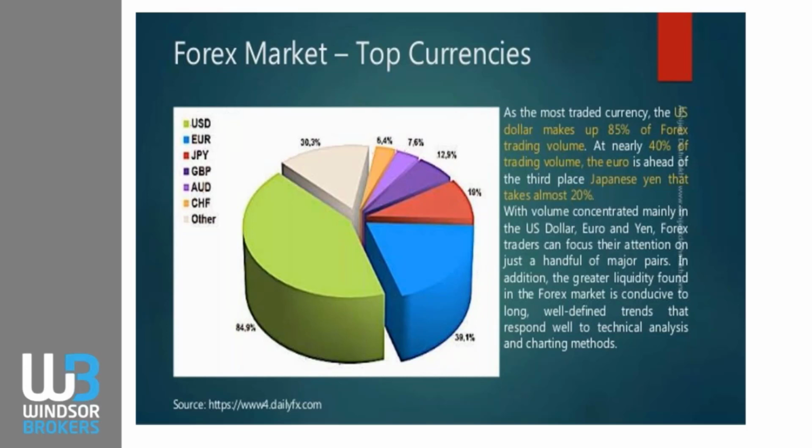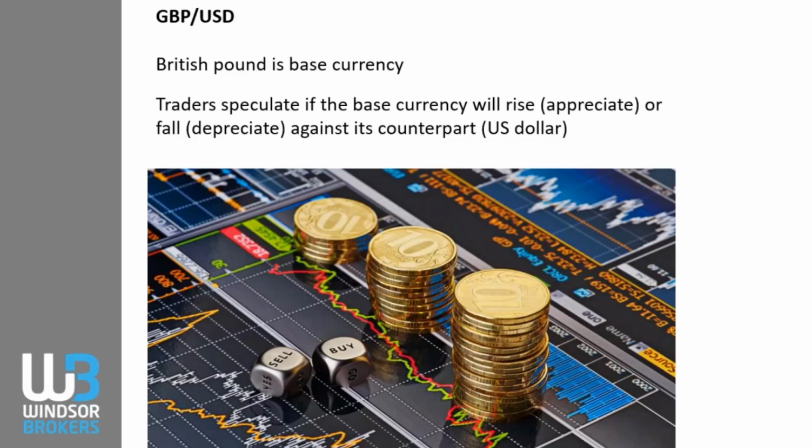So the dollar is involved in everything, and you can see on the diagram how much the other major currencies hold. The currencies of the big economies such as the Eurozone, Japan, sterling, Australia and Switzerland are much lower than the US dollar. The US dollar holds the biggest part of this, let's call it cake.